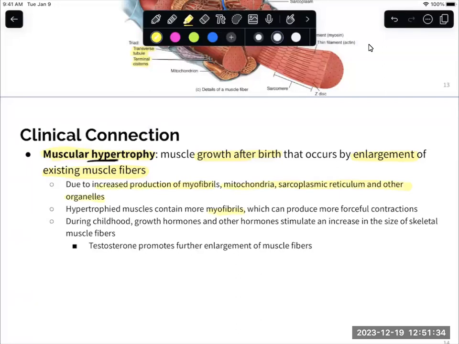It's going to happen during childhood because of growth hormones and other hormones that stimulate skeletal muscle growth. Testosterone in males produces even further muscle enlargement, which is why males can develop larger muscles than females.